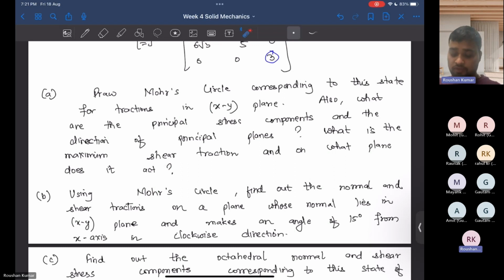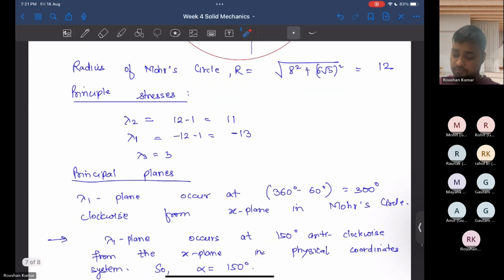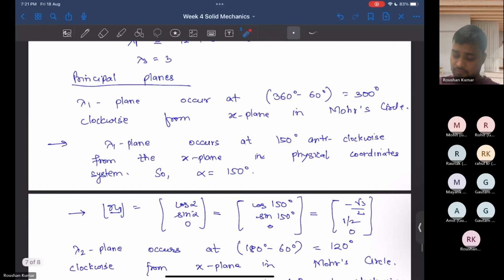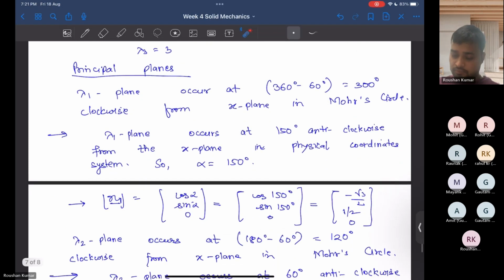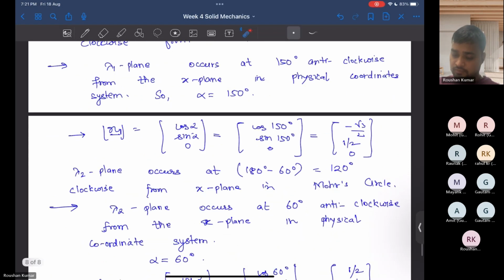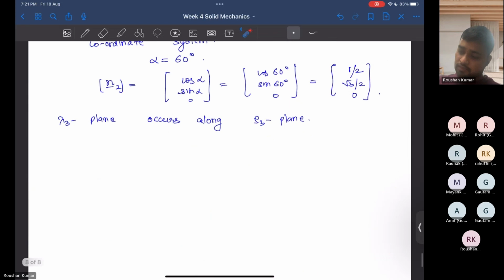So we also have to find the maximum shear traction. We have three shear tractions on three different principal planes.